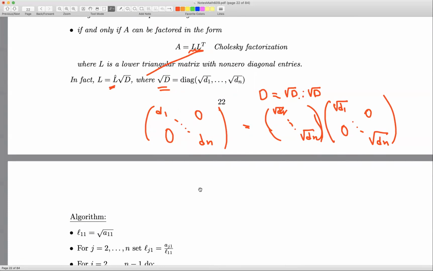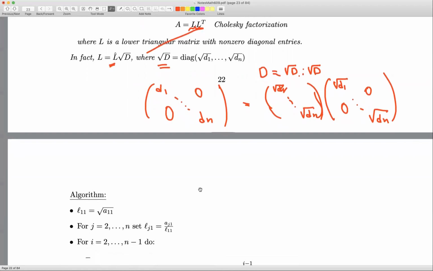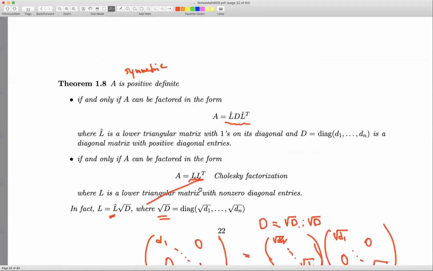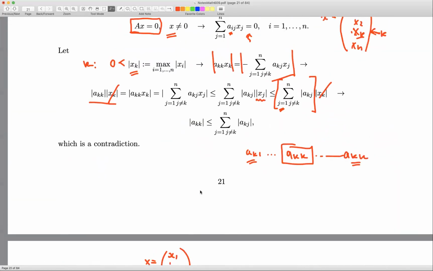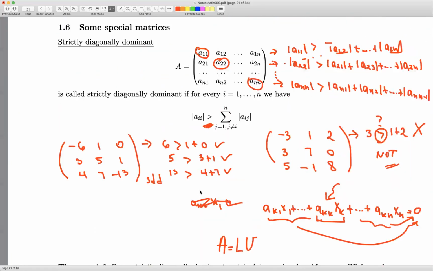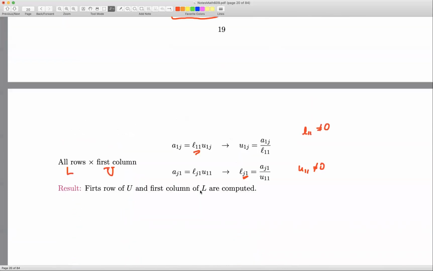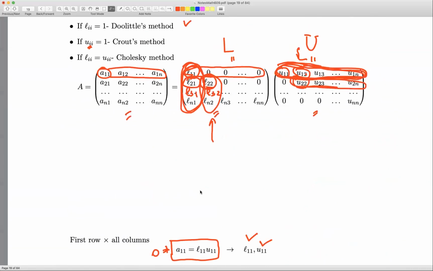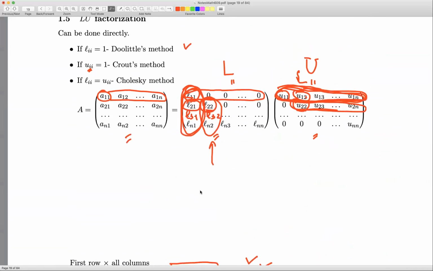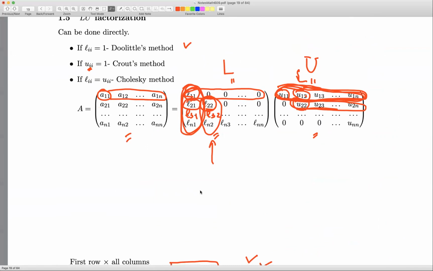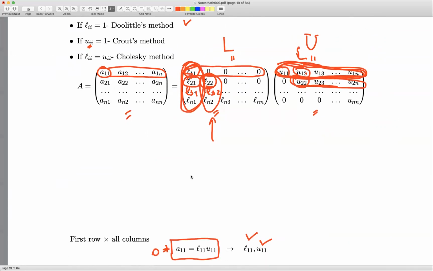The algorithm for the Cholesky factorization, you do the following exactly. If you look at the algorithm for the LU factorization that we had before, but instead of U you put the transpose of L. So in this case, we will have L, with L11, 0, and so on, 0. Then we will have L21, L22, and so on, 0.